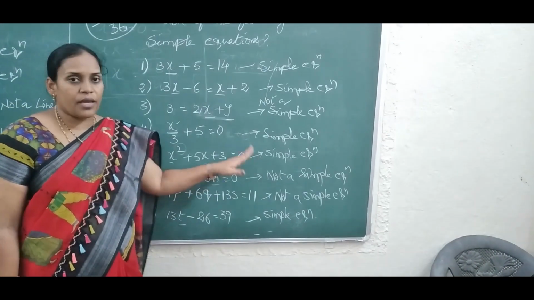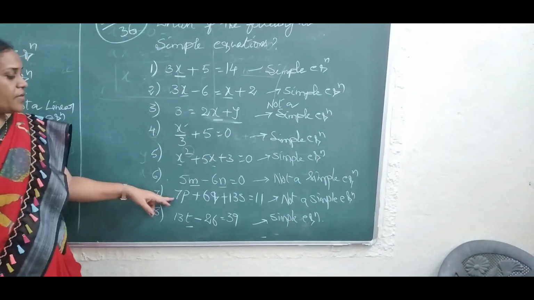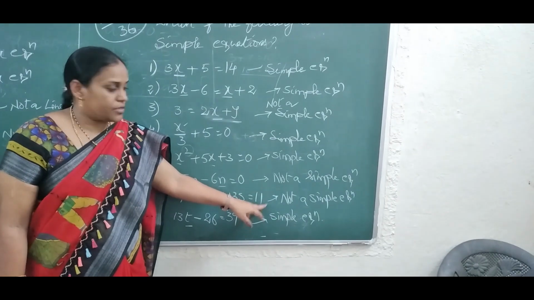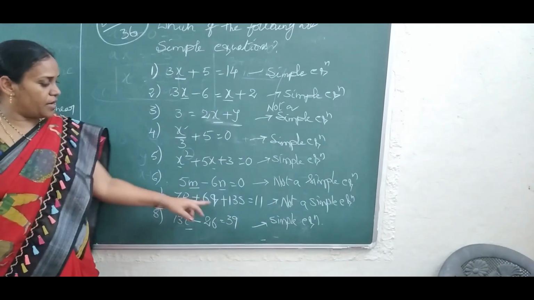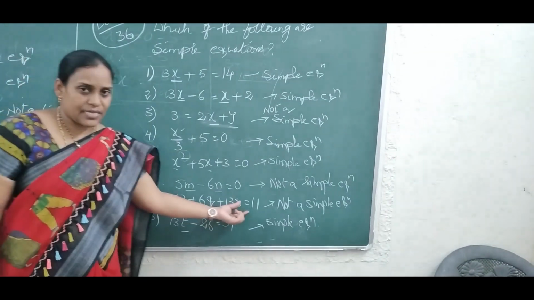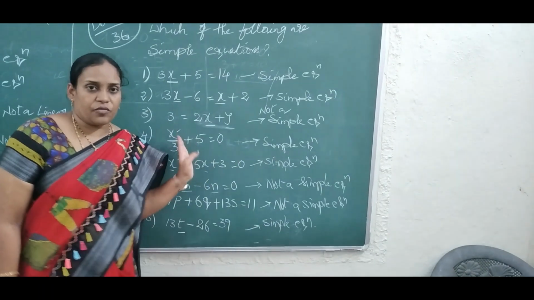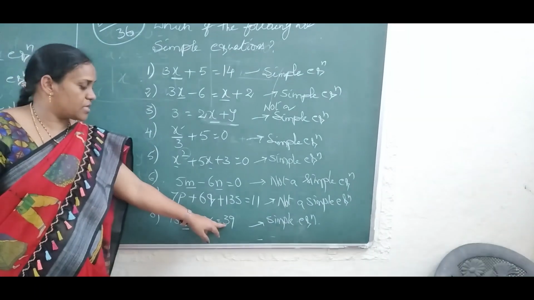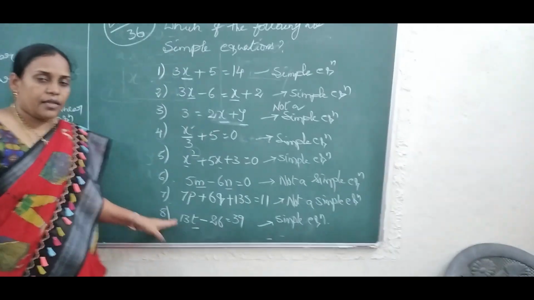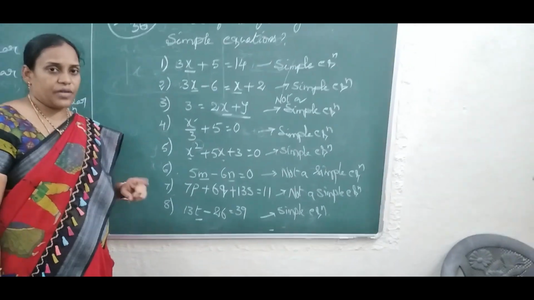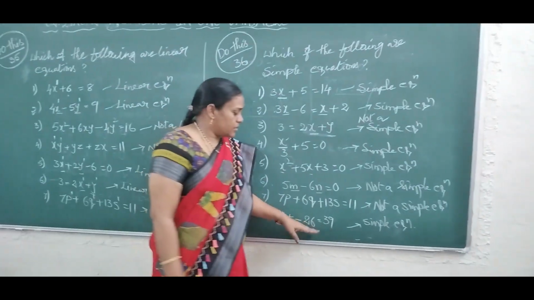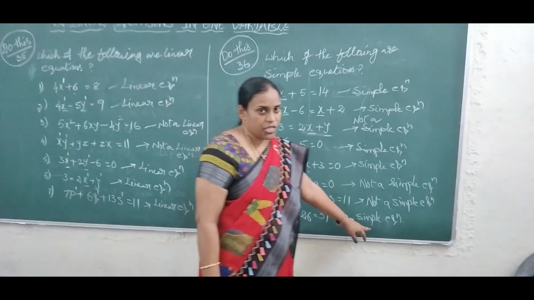So it is not a simple equation. 7p plus 6q plus 13s is equal to 11. So here we have three variables, p, q, s. So it is not a simple equation. Next, 13t minus 26 is equal to 39. Here in this equation we have only one variable, that is t. So if one variable is there, then the equations are called simple equations.